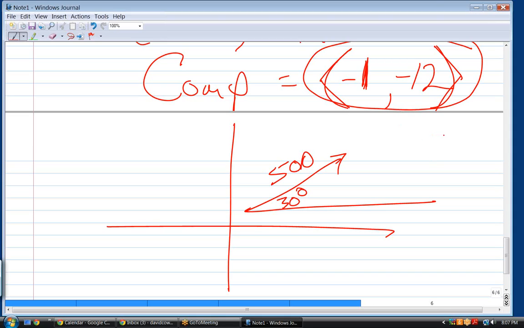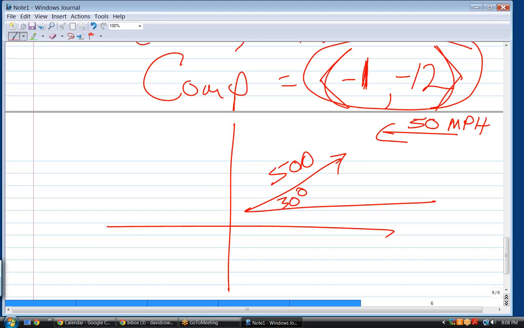And now I have a wind that's going 50 miles an hour, due west. Which way does the airplane actually go? Well, the way you solve these problems is you break each of these into their component vectors, and then you add the x component and the y component, and whatever you end up with is the resultant vector.